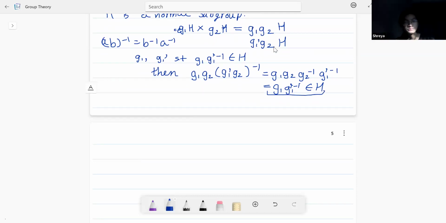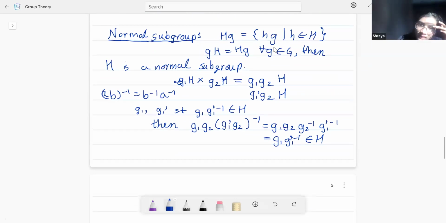By the way, where did we use normal subgroup in this proof?